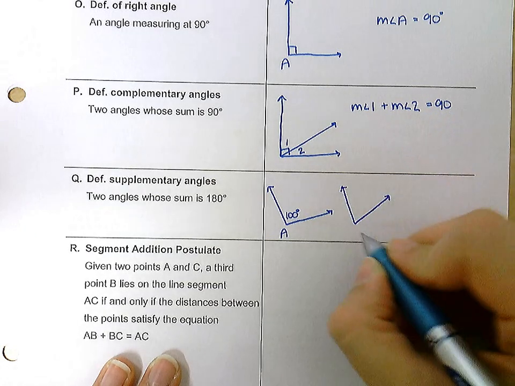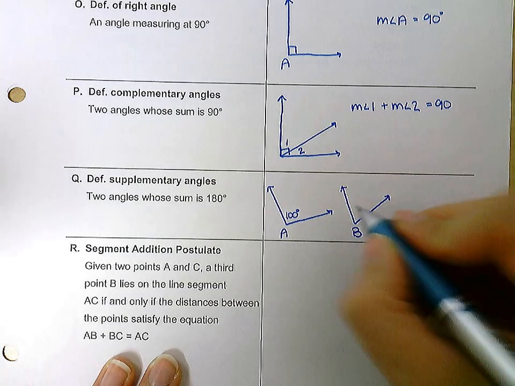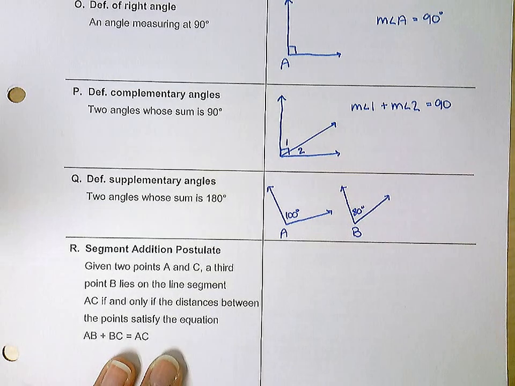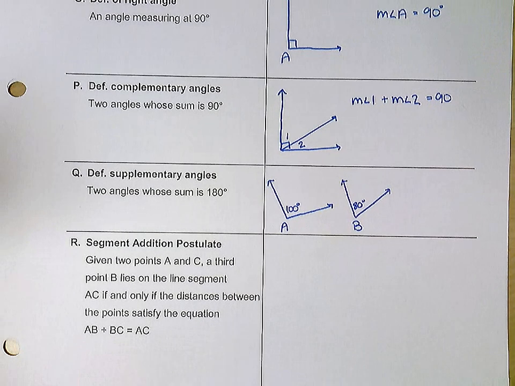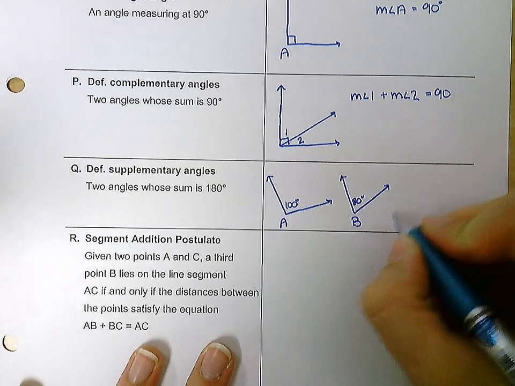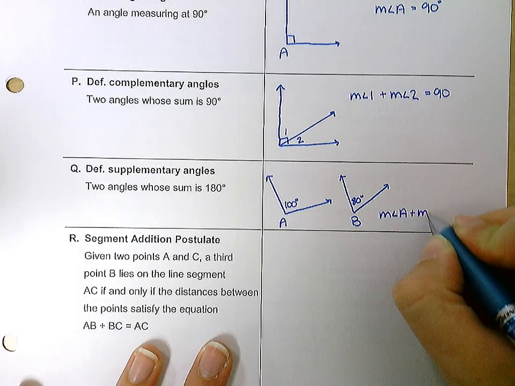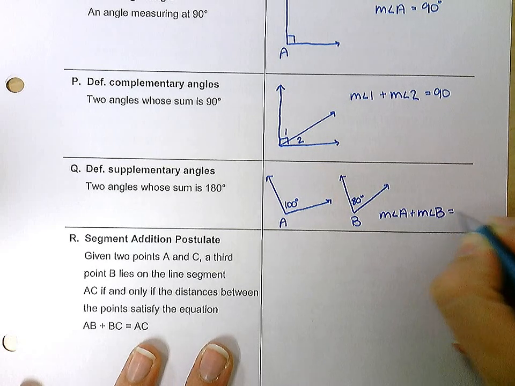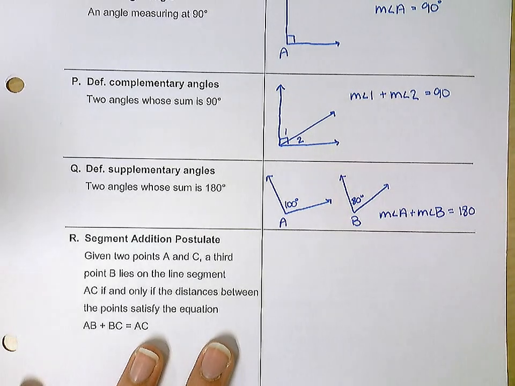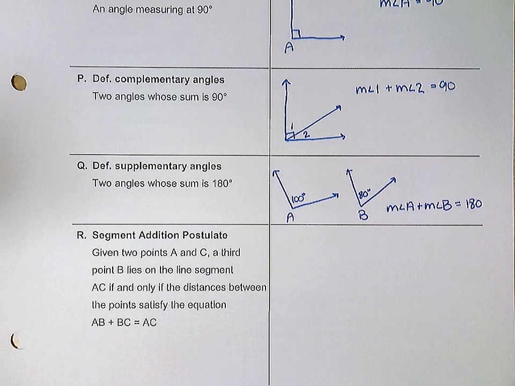Here's my second angle. That's angle B. Label it 80 degrees. Well, I have two angles. Now, if I add those two angles together, I do get 180. So if I take the measure of angle A plus the measure of angle B, I should get 180 degrees. Those are supplementary. Now, I didn't draw them forming a straight line.